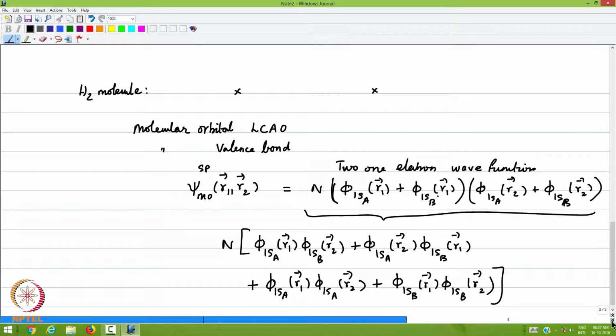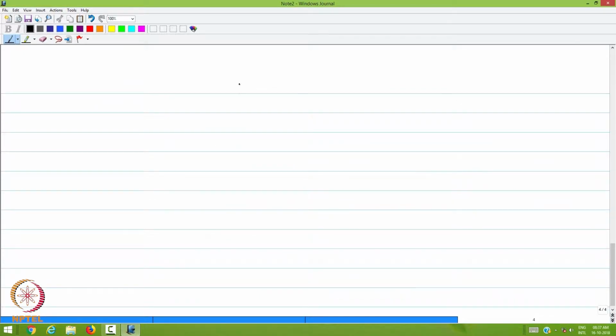That is, the electrons being in H A and H B together, and the electrons both associated with one nucleus, leaving this ionized configuration, H A plus H B minus, which is the other.